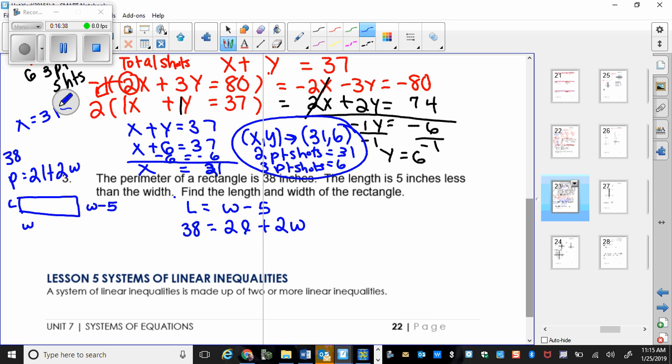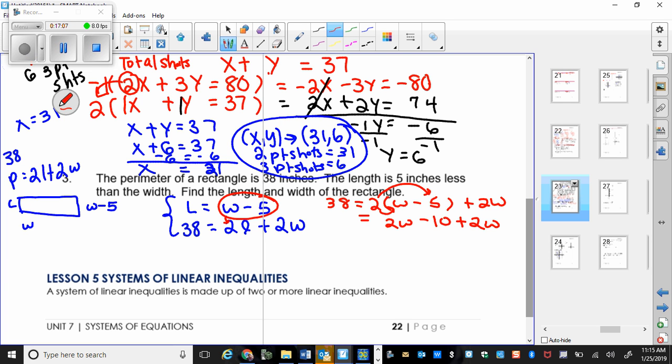It looks like I'm going to use substitution here because it tells me the length equals W minus 5. So I insert this into the equation: 38 equals 2 times (W minus 5) plus 2W. Distributing, 2W minus 10 plus 2W. Combine like terms: 4W minus 10 equals 38.